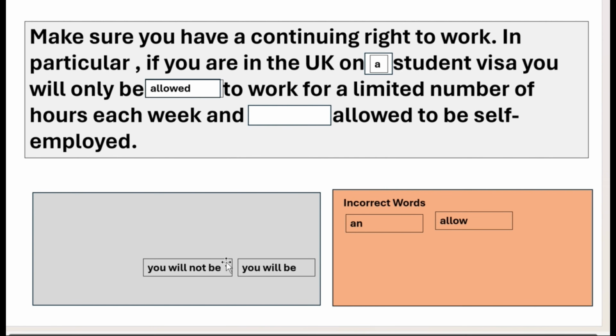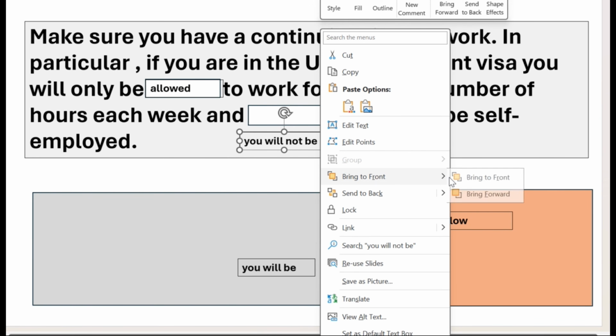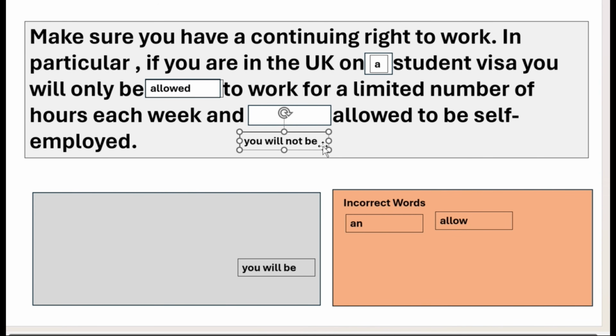So I know obviously you will not be allowed to be self-employed. This is just a reminder. If you are a student and you want to do Uber, or if any student, like your relative, wants to do Uber, I mean PHV, the minicab basically, they can do it, but for a limited number of hours.